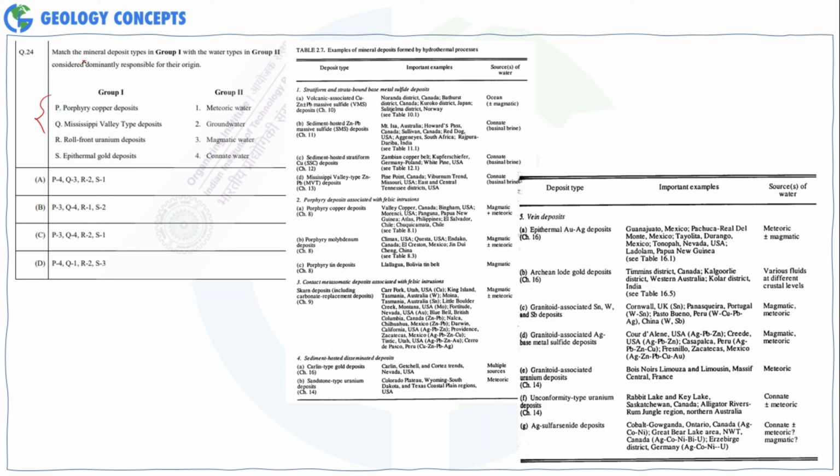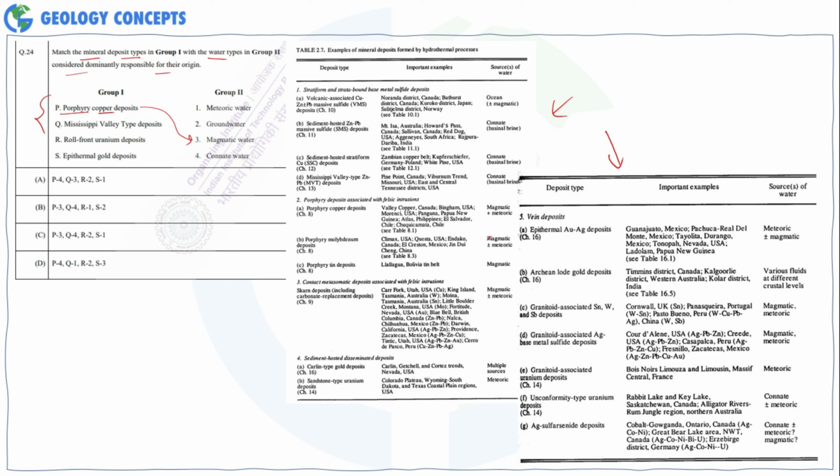Next, match the mineral deposit types with the water types considered dominantly responsible for their origin. So it's a very straightforward, direct question, and I have put these tables from one of the renowned books in economic geology. So here you can easily find the answer to this question. See, porphyry copper deposits are pretty much evident in the mid-oceanic ridge or magmatic environment, hence they are supposed to be formed from magmatic water.